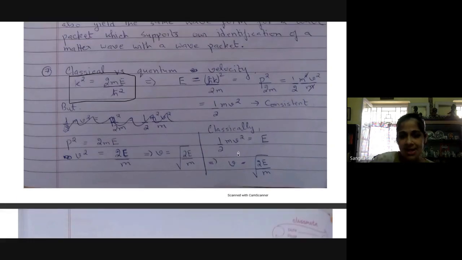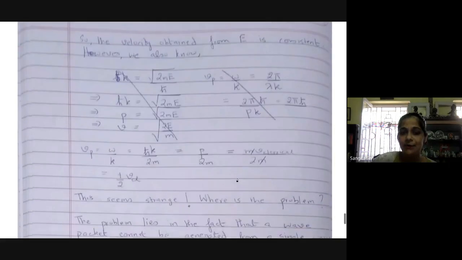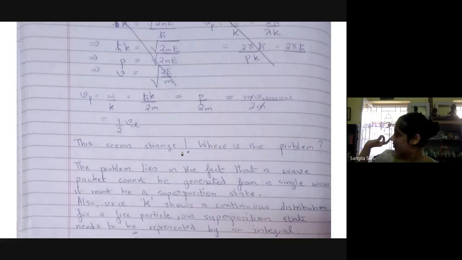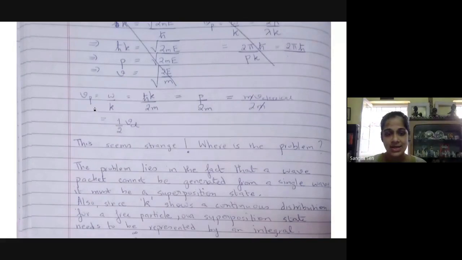Now let's look at this. Classically, the velocity of this particle moving with kinetic energy half mv squared is root of 2E by m. Now if we use the phase velocity of this wave to find the velocity, then omega is h cross k squared by 2m, and the phase velocity is omega by k, which is h cross k by 2m.